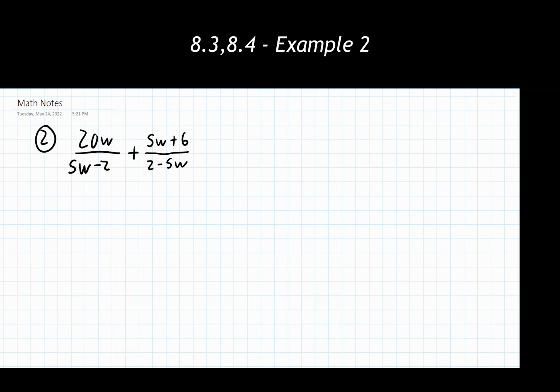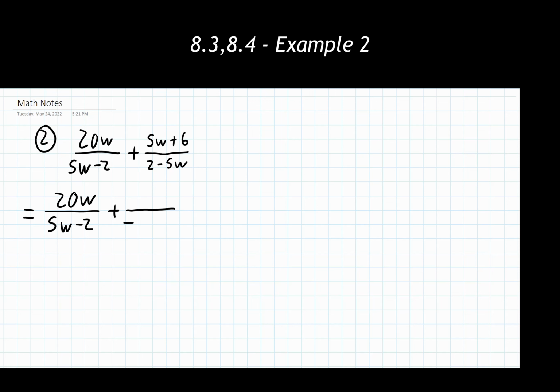Now, I am electing to factor a -1 out of the second rational expression, just because I like to have the leading term be my variable term. So nothing's happening with the first one. I'm going to factor out a -1 from the denominator of the second polynomial.